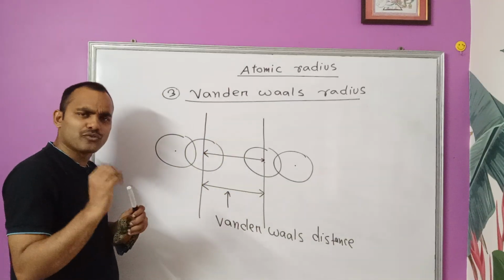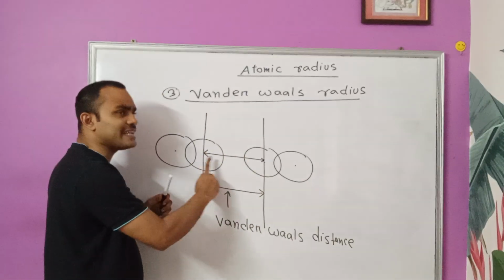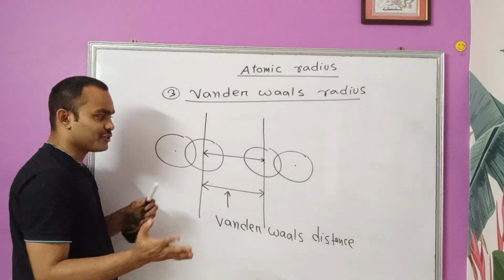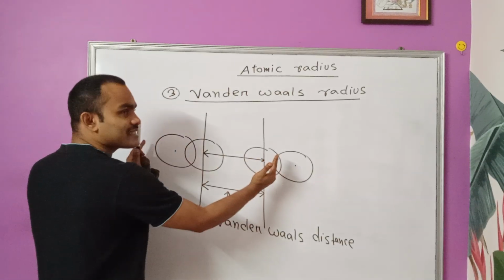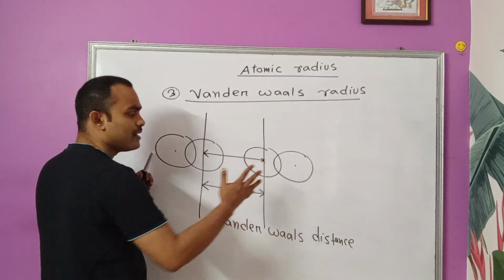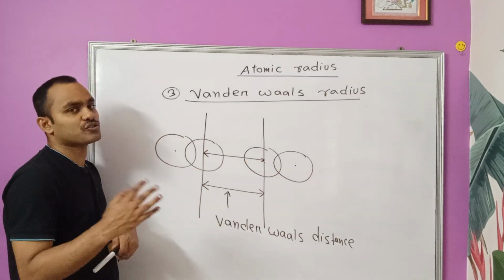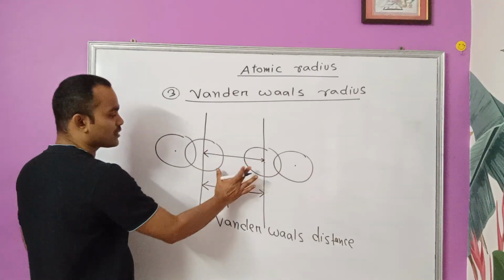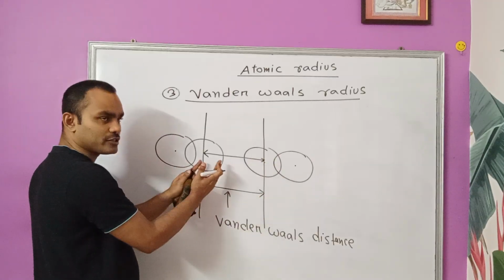We have learned in junior classes that this is called the intermolecular distance. In case of solid, the distance is closer, and in case of gas, it is far away. So basically we are calculating for the solid, where these two molecules are closer to one another.